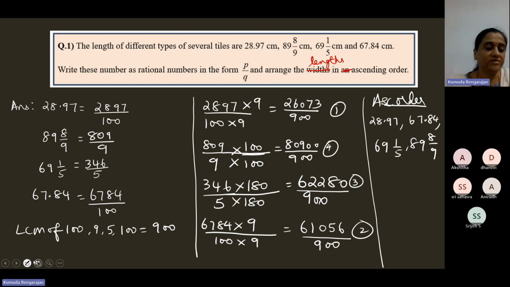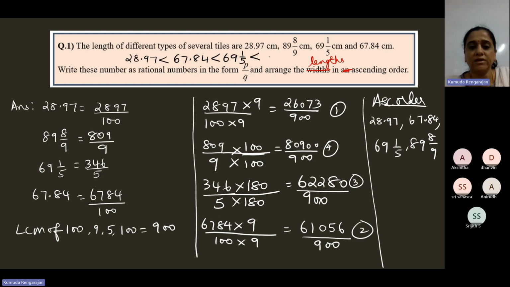You can also use a less than symbol. Like you can also write like this: 28.97 is less than 67.84, is less than 69 1 by 5, is less than 89 8 by 9. You can also leave your answer in this form.